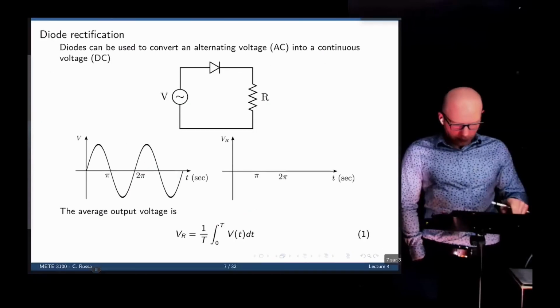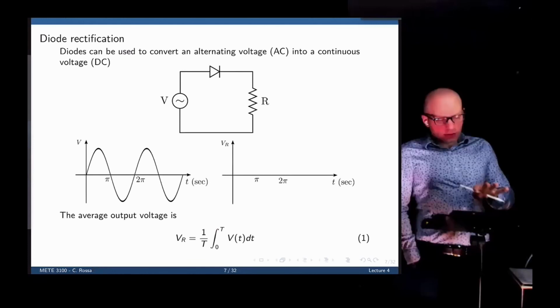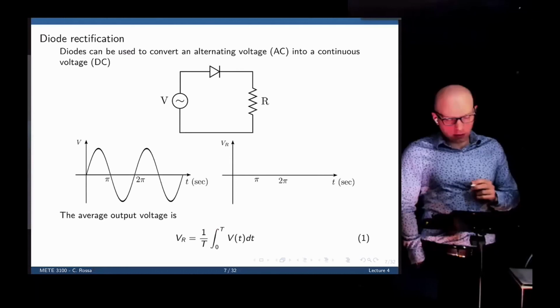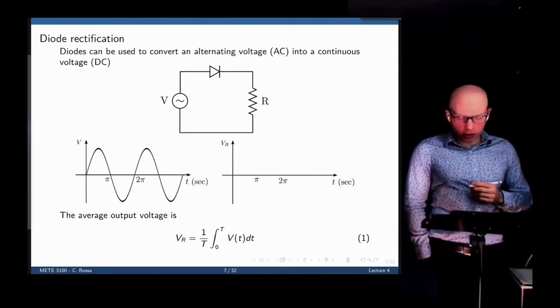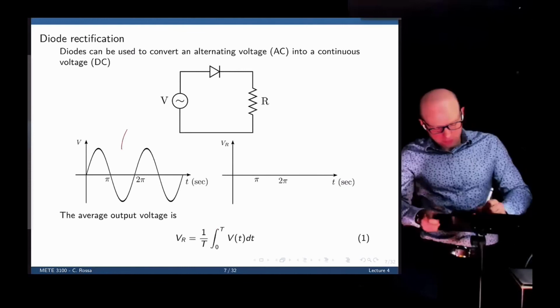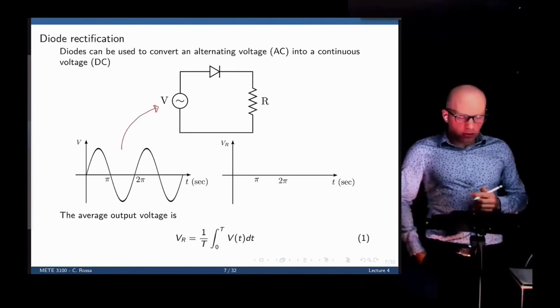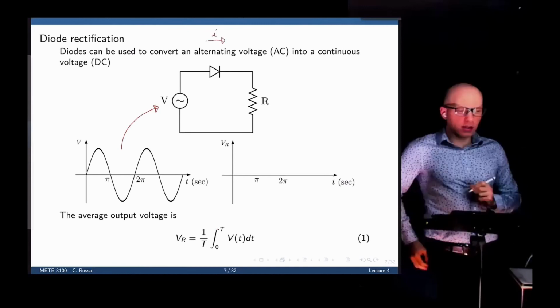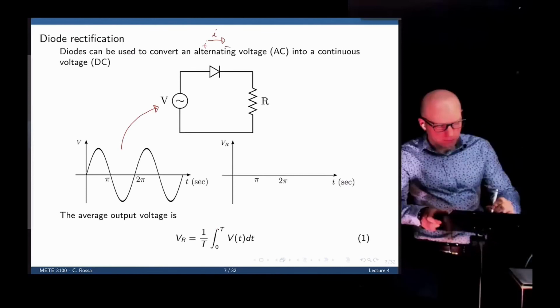Very well. Now let's use a diode in this configuration here, a very simple rectification of the input current. We have a sinusoidal voltage given by this voltage source. We have a diode, so the diode is conducting current in that direction so long as the voltage is positive.